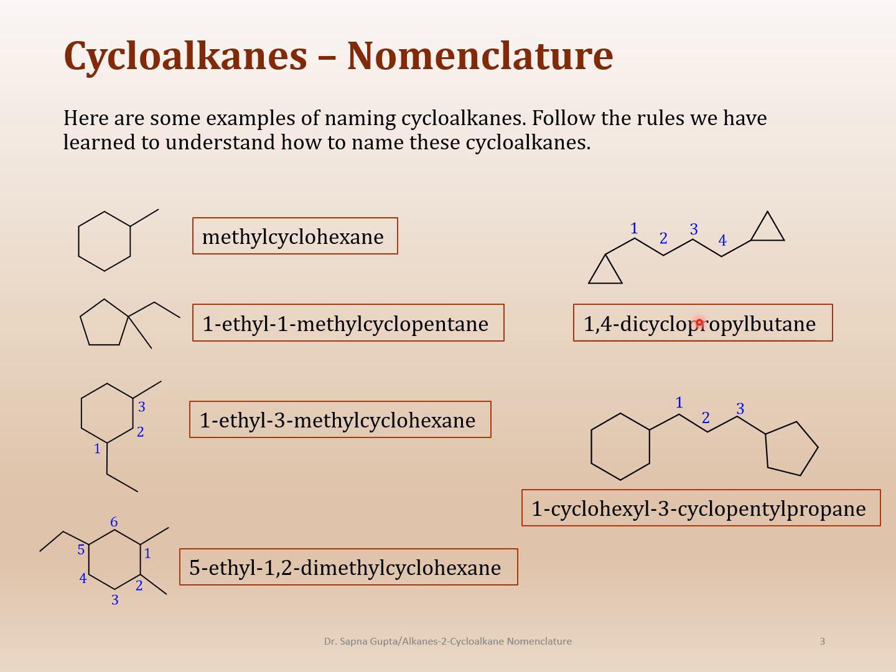So there are two things that go on over here that I want to mention to you. When you have a cyclopropane or a cyclohexane, to make it a substituent, just remove the -ane and put the -yl. Okay, that's it.